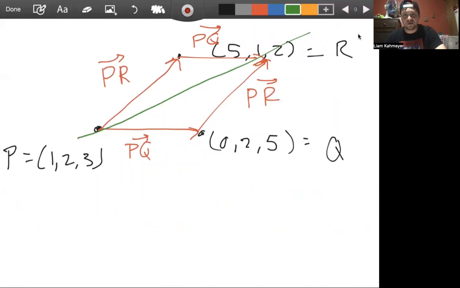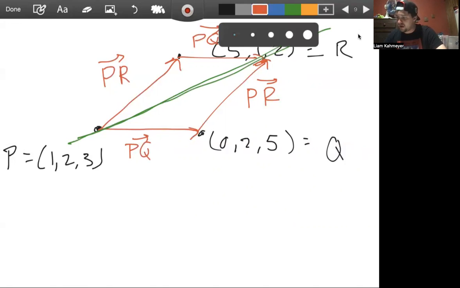Well, if you intersect this parallelogram diagonally with a line that passes through the points 1, 2, 3, and 5, 1, 2, what you've done is you've now realized a parallelogram as the juxtaposition of 2 triangles, right?